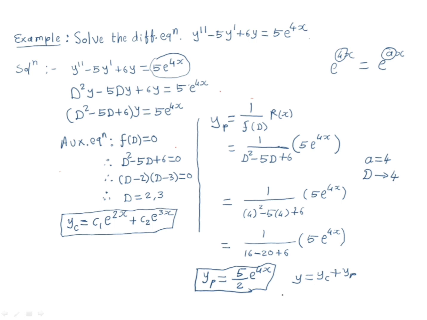So our final answer is y equals yc, which is c1 e raised to 2x plus c2 e raised to 3x, and my yp is 5 by 2 e raised to 4x. So this is the general solution for the given differential equation.